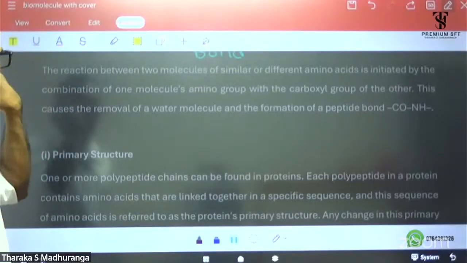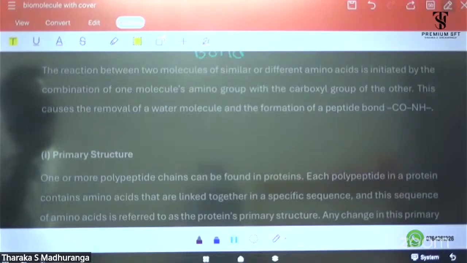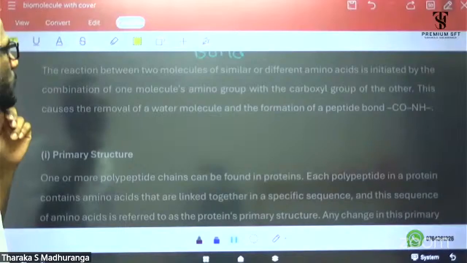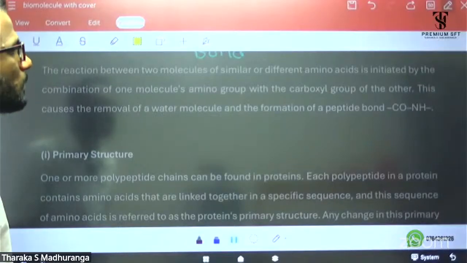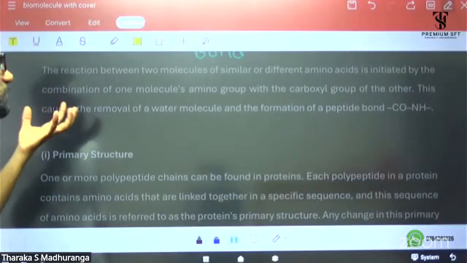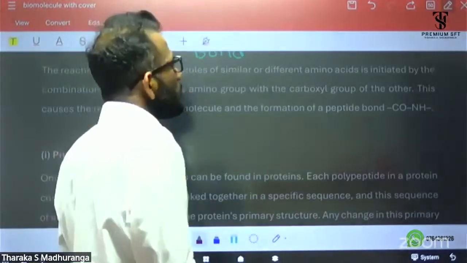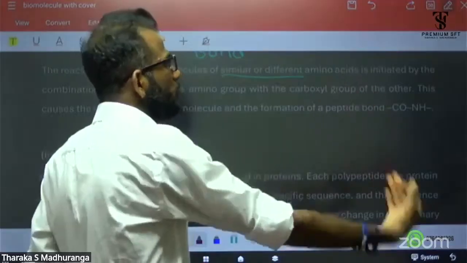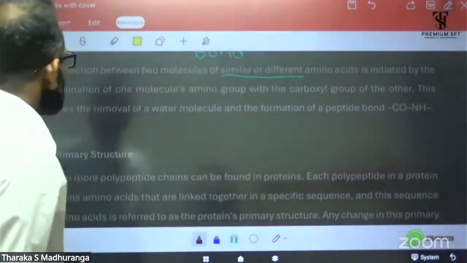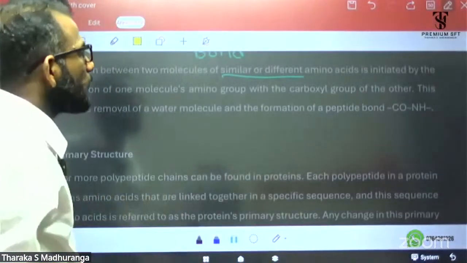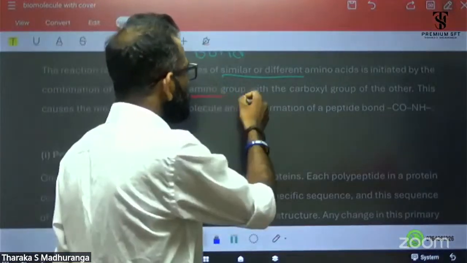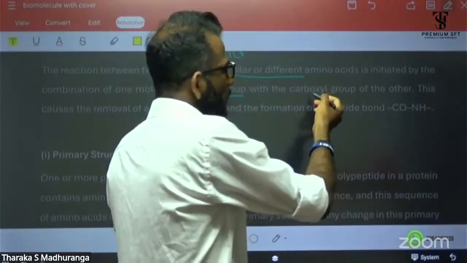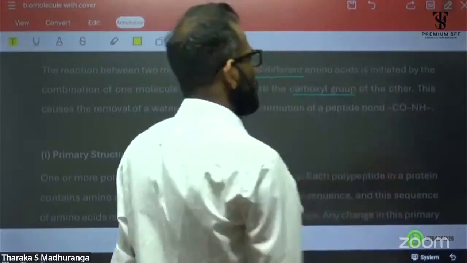Okay, the reaction between two molecules of similar or different amino acids, any type of amino acid, is initiated by the combination of one molecule's amino group with the other amino acid's carboxylic group, as we discussed.